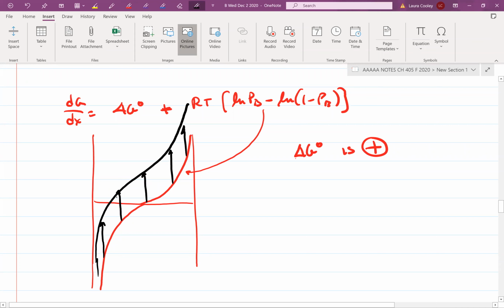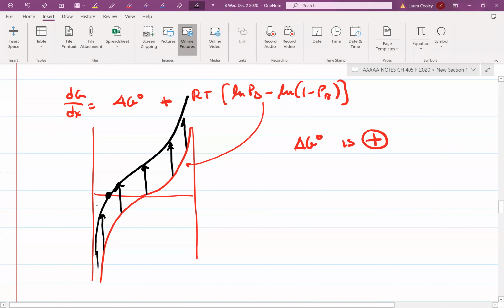Okay, so you've raised this curve up. And look what happens when you do that: it crosses the 0, right? This is dG/dx. This 0 is where equilibrium will be, because dG/dx equal to 0 means you're at equilibrium. And you could see that the equilibrium will be on the reactant side.